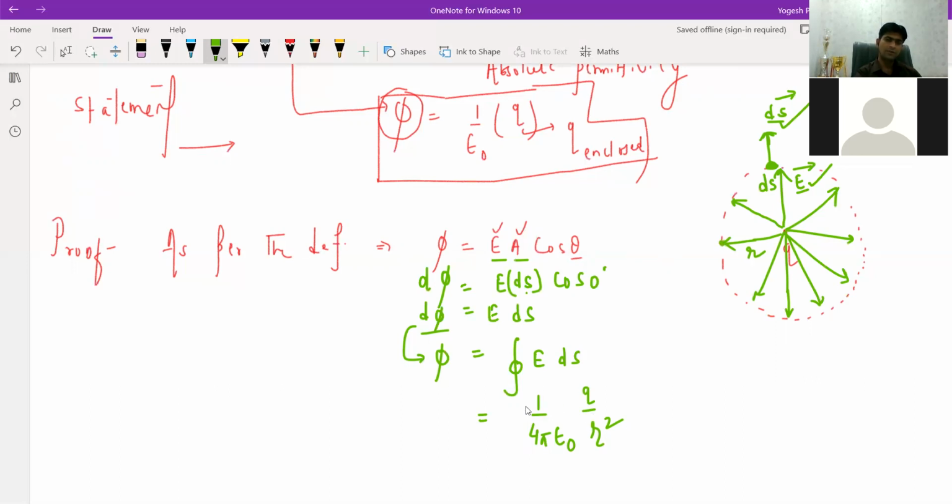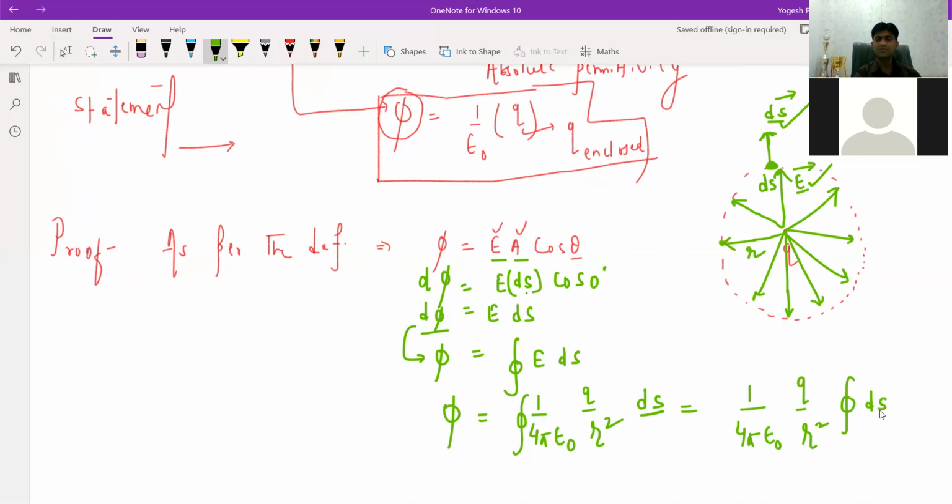So phi is the closed integral of 1 by 4 pi epsilon naught q upon r square ds. This can be kept outside the integral because there is no s term which can be integrated.